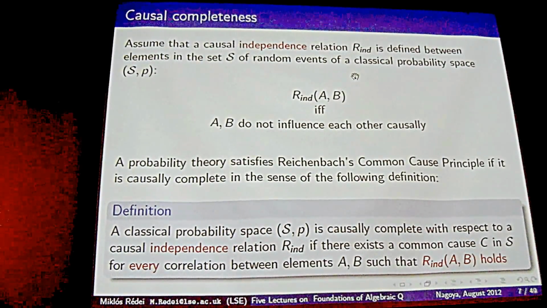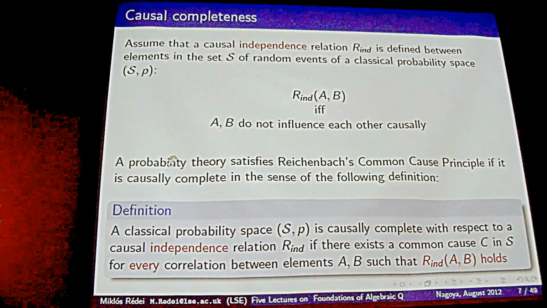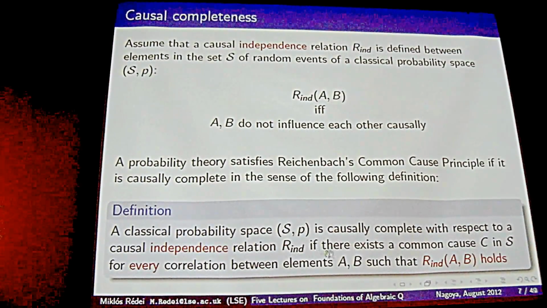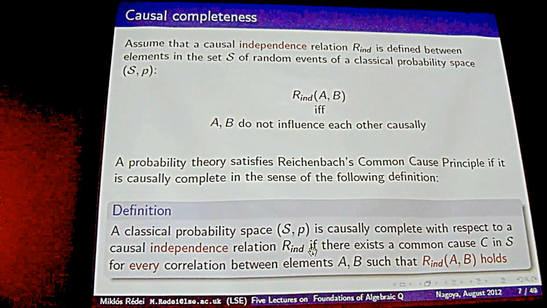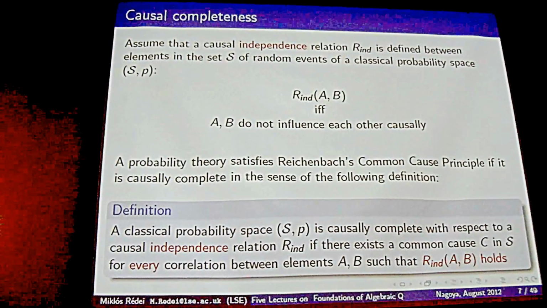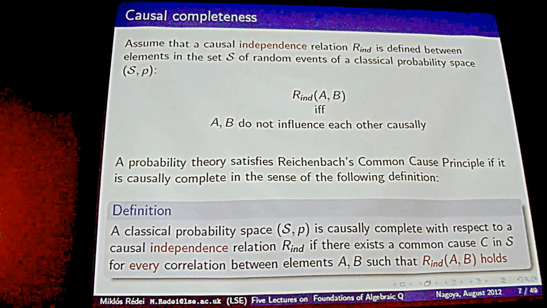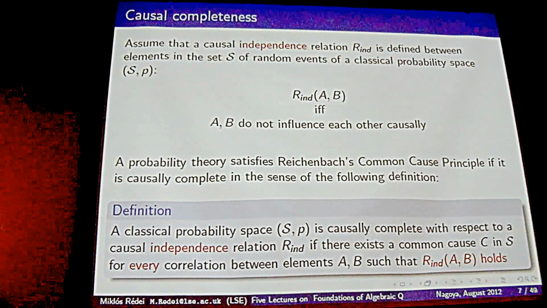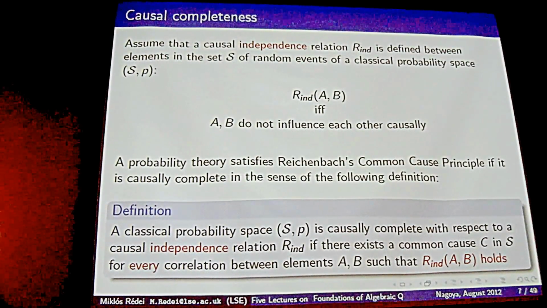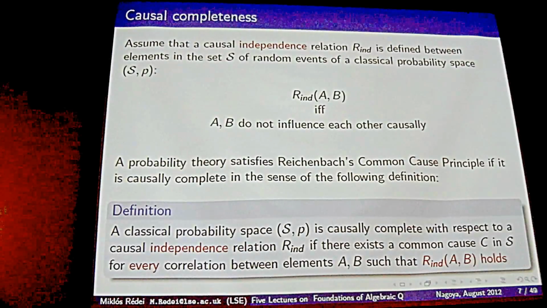Suppose you have a causal independence relation on the set of random events, then a probability theory is said to satisfy the common cause principle if it is causally complete in the sense that it contains a common cause of every correlation which is between causally independent events. Seems reasonable, right? Because the correlations between causally dependent events, if there is such a correlation, are explained by the causal dependence.